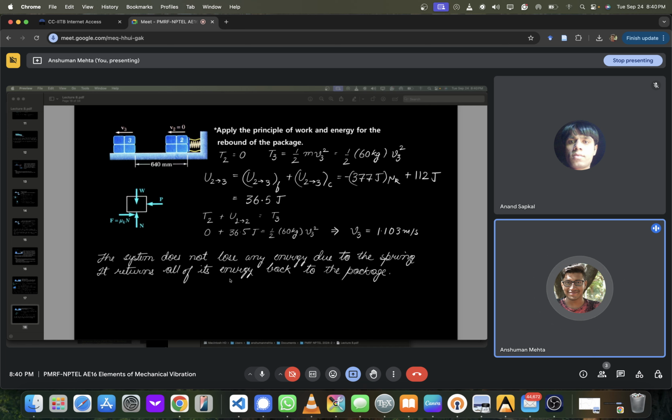Now for the second part, we know that T2 is 0, but we are going to T3. And now in T3, V3 is unknown.